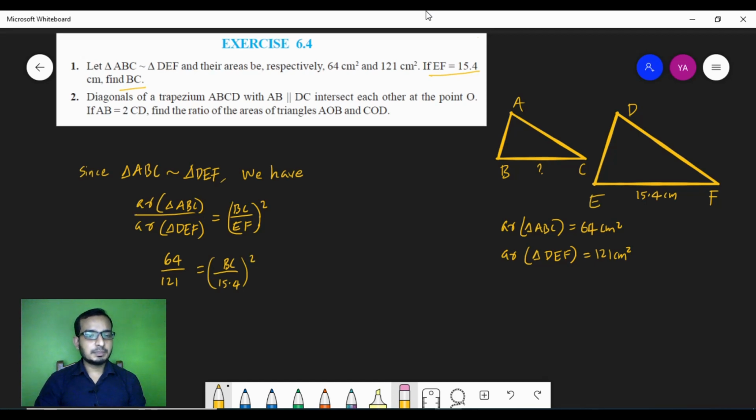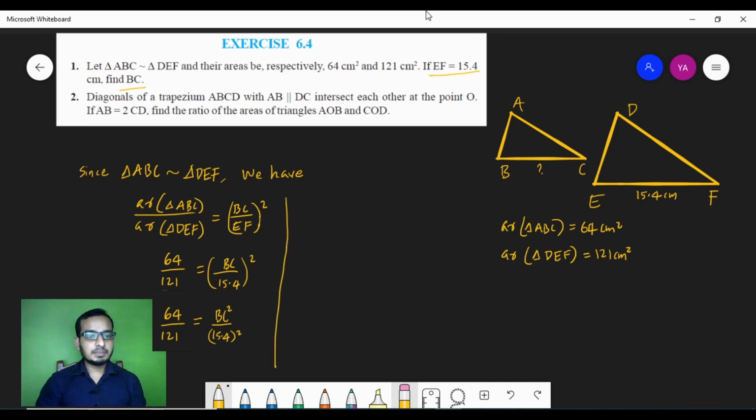In the next step, we can write 64 by 121. We cannot reduce this fraction because 64 and 121 are co-prime numbers. Otherwise, we could convert to a decimal number, but we don't do that now. It is equal to BC square by 15.4 square, since we can split the square.